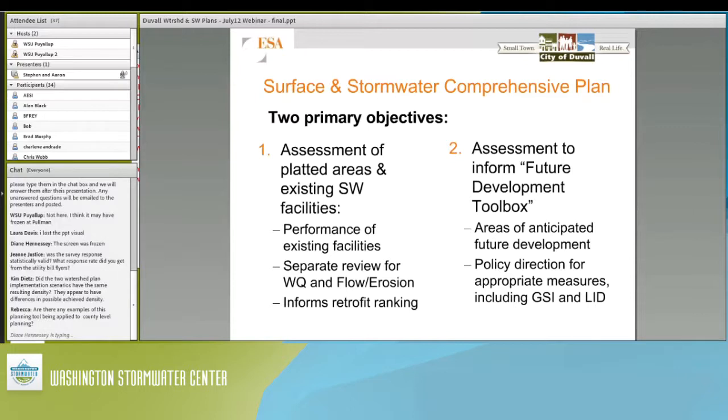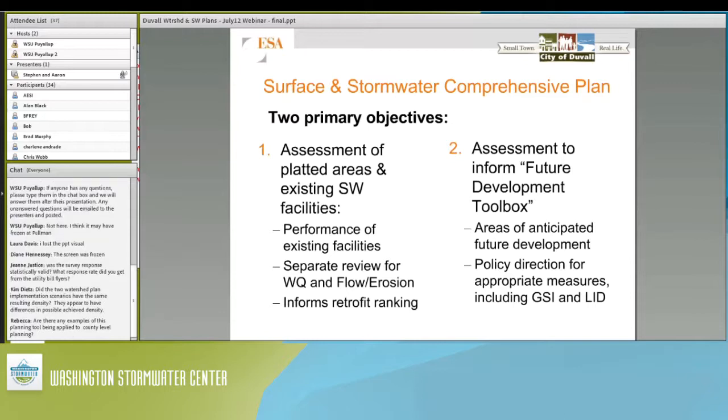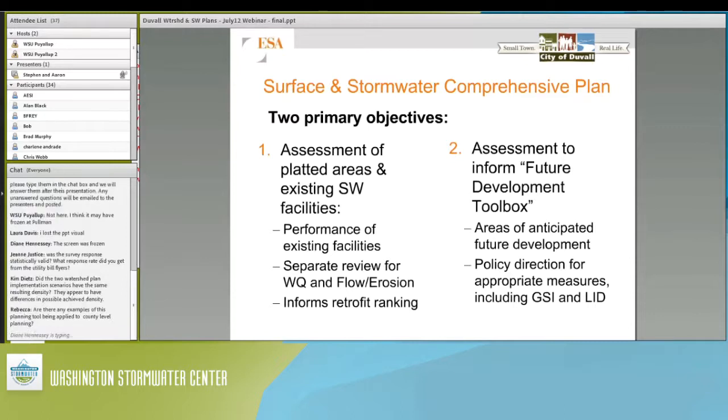And the second of the two objectives, again, is looking at those areas where additional development is expected. So there's no existing performance of facilities there, and it's taking an approach that's more similar to the watershed characterization.